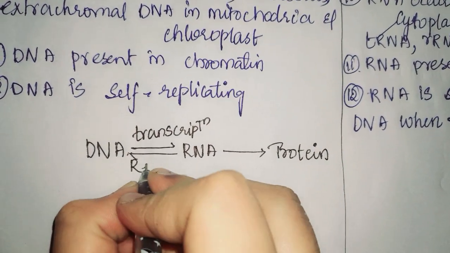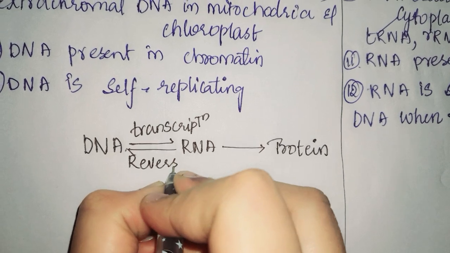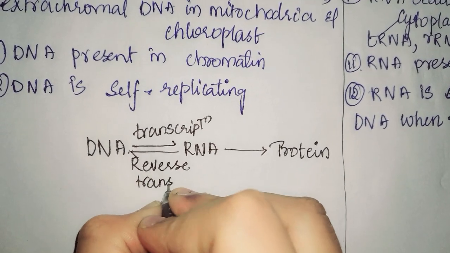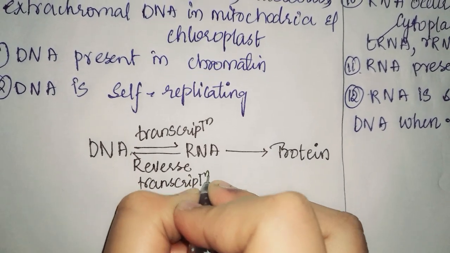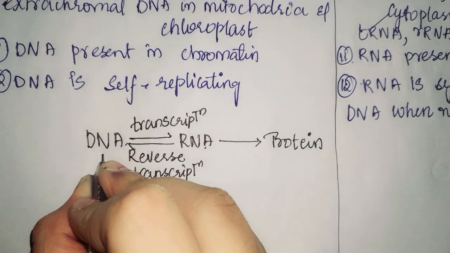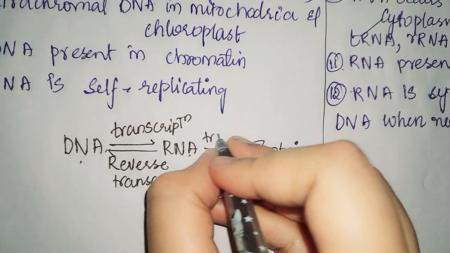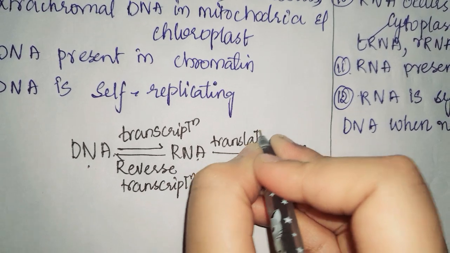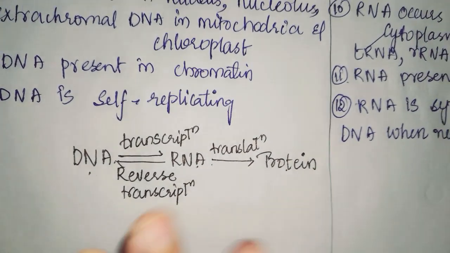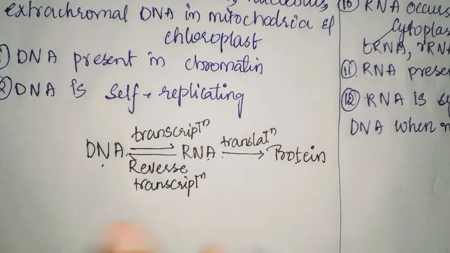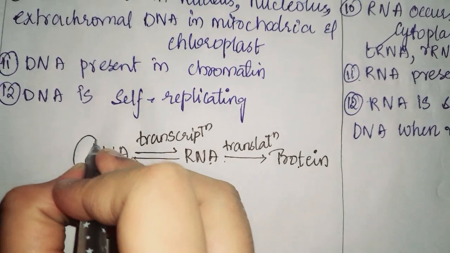On reverse transcription, RNA will give you a DNA, right? And on translation, RNA will give you a protein. So this is the central dogma of life. And here we have drawn some symbol like this, right?